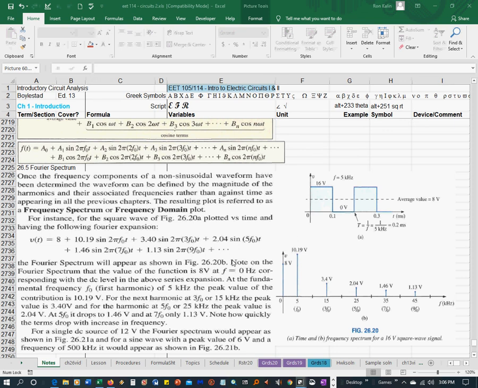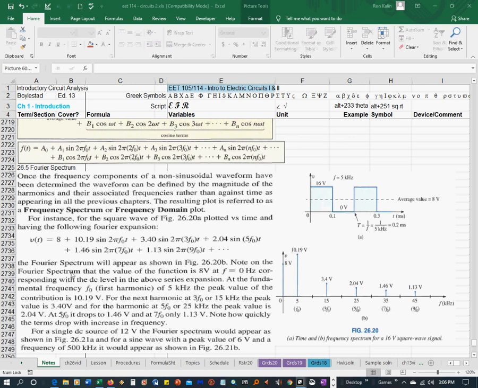This is the equation: 8 plus 10.19 sine of 2 pi f0, plus 3.40 sine of 2 pi 3f0. What does that mean? The frequency here is f0, and that's this plot, and the magnitude is 10.19. That's how you represent it.